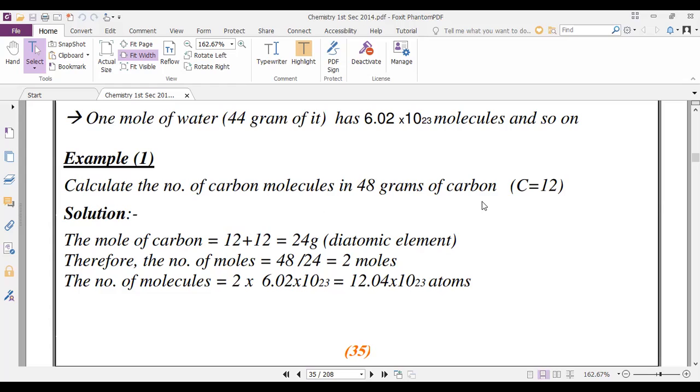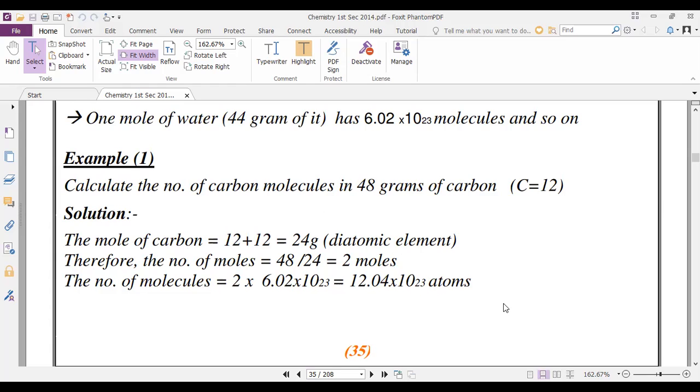Carbon will be diatomic, so the mole of carbon will equal 12 plus 12 equal 24 grams. So the molar mass of carbon will be 24 grams.